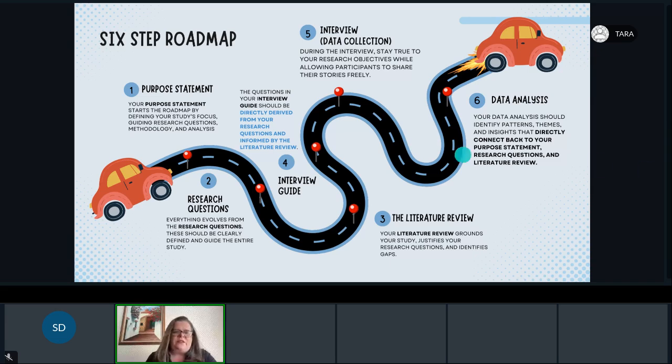And then we have the literature review. Your lit review provides the theoretical and empirical foundation for your study, and it helps justify why do it in the first place. It justifies why your research questions are important, and it helps you figure out what hasn't been researched, because that's what you need to study. Then we look at the interview guide.